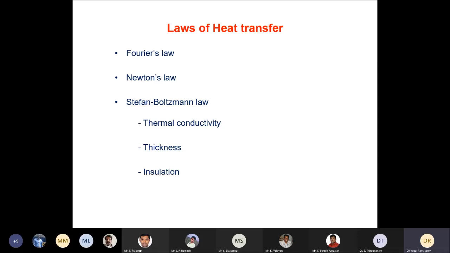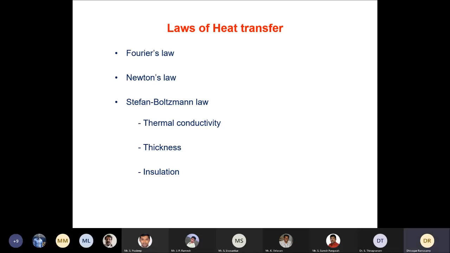Many of the faculties and students are doing projects. Faculties are doing projects for their PhD, and students are doing their final year projects.